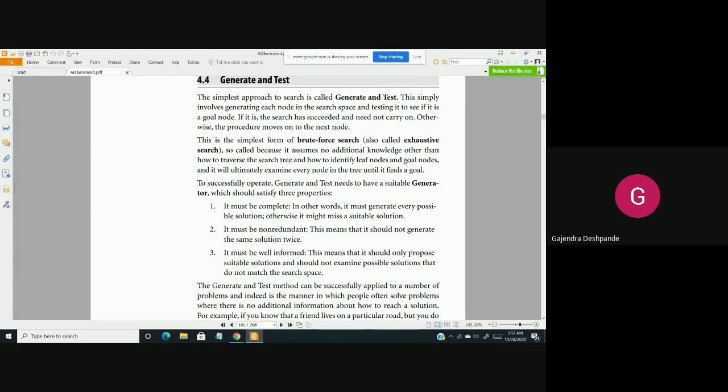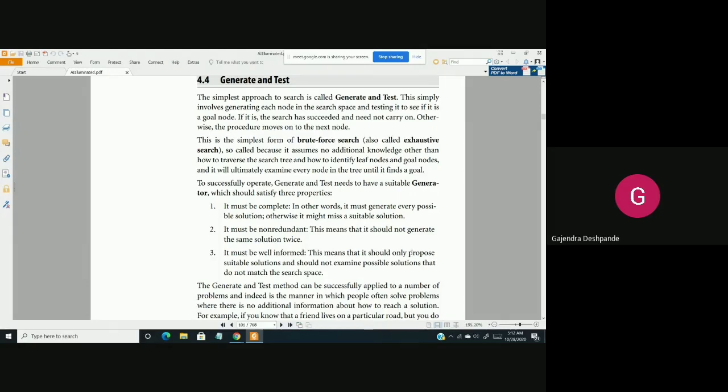In that case, it will generate 10 random numbers where 2 numbers will be repeated. That results in redundancy, and I don't want that. So my generator should be non-redundant. That means it should not generate the same solution twice. In the case of random number generation, it should not generate duplicate random numbers.